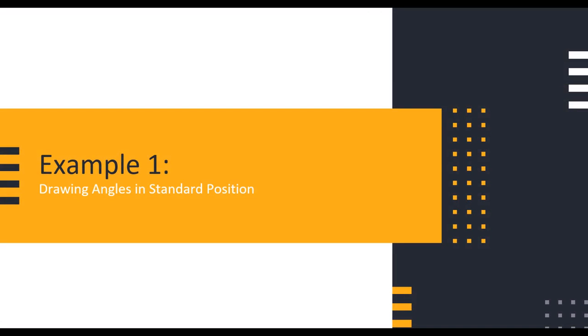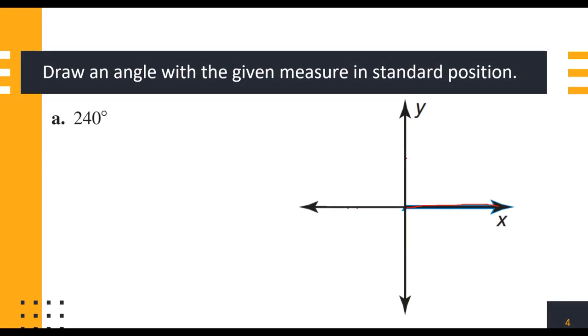Now, moving on, let's try to do some examples. So we have here 240 degrees. Let's try to draw that 240 degrees. First off, let's try to draw the initial side. It should be in standard position. So the initial side should be on the positive x-axis, while its vertex should be at the point of origin, which is at 0.